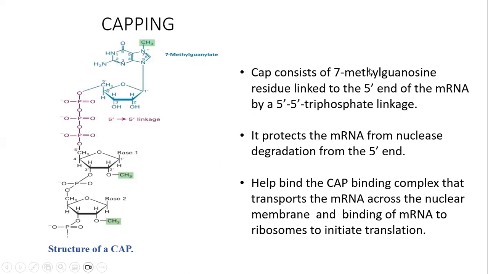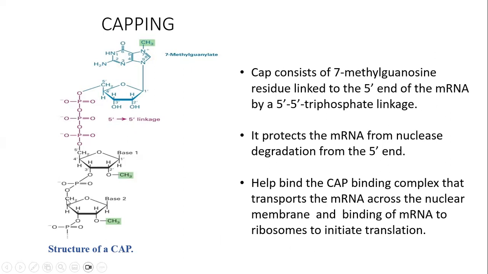Next type of modification is capping. Capping is a modification that takes place at the 5' end of messenger RNA. Normally the bond formation between the bases involves a 3' hydroxyl group and a 5' phosphate group.